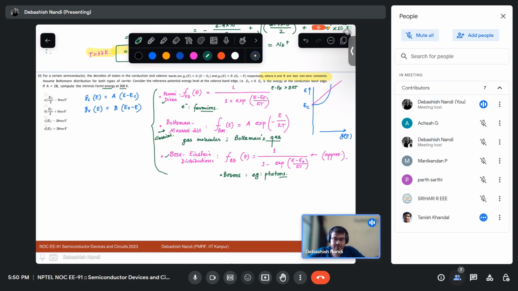Right, but from that we can infer. By the way, why do we do doping? To make them more conductive, right? To make them more conductive, we need some kind of carrier flow in them. So we try to increase the number of carriers.